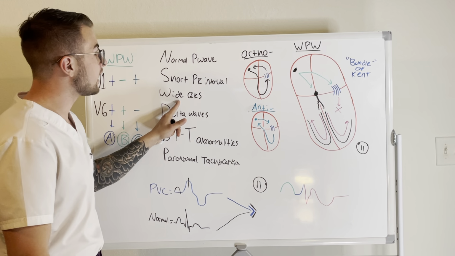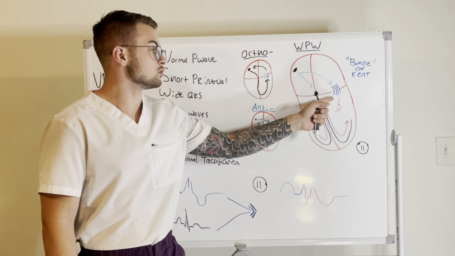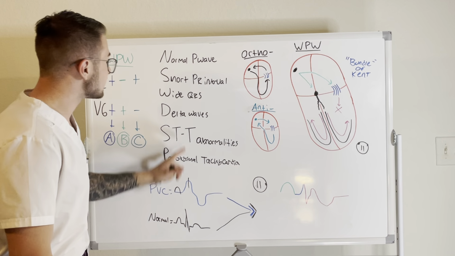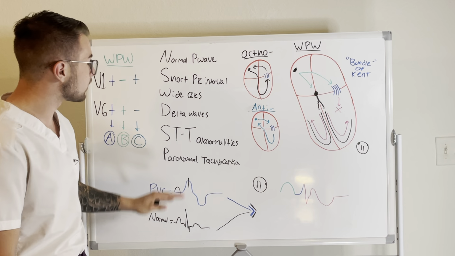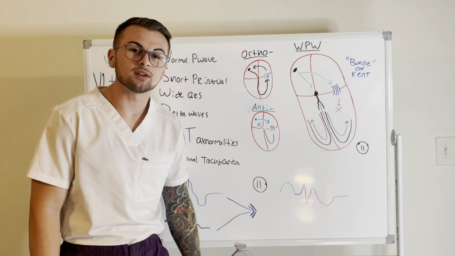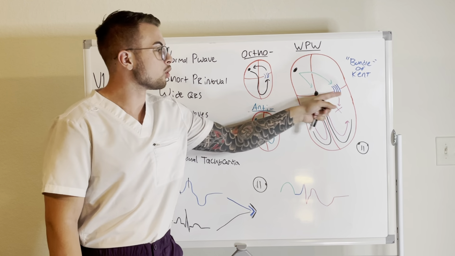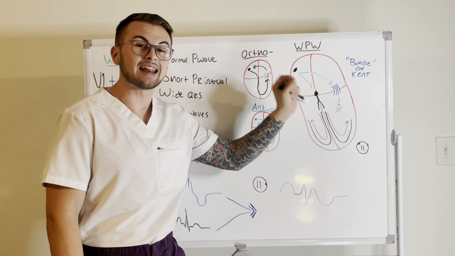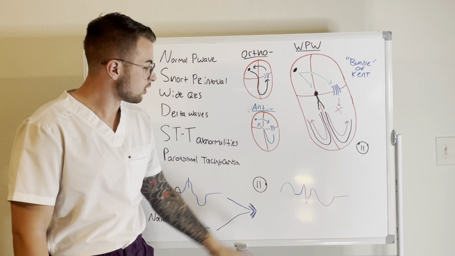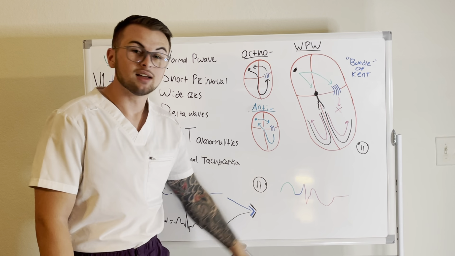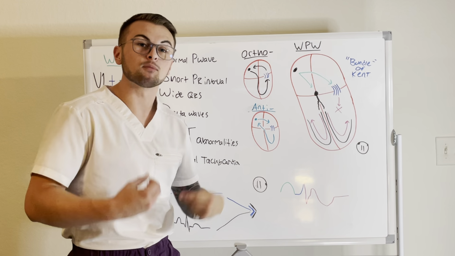We can have a wide QRS complex due to the excitation shown here. We can have delta waves due to the excitation shown here. And we can have ST and T abnormalities because we depolarize this area of the ventricles in an abnormal way. So it makes sense that when we repolarize, right, our ST segment and our T wave, we can have abnormalities.